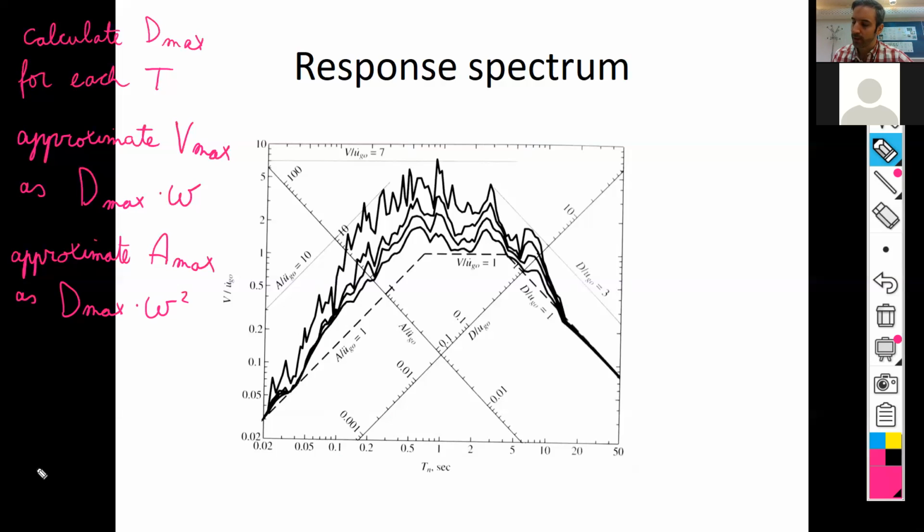But the speed spectrum and the acceleration spectrum are not calculated. They're not the actual maximum speed and maximum acceleration response of the structure. It is just an approximation done with these equations, which is good enough. And that's why we put a pseudo in front of it. Yes. All right.